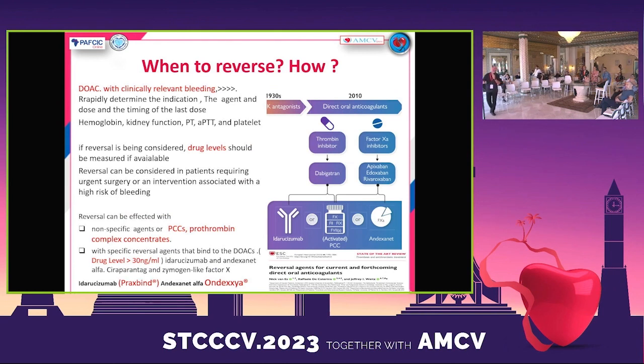If we have a surgery to do in minutes or in a few hours, we have to inhibit with prothrombin complex concentrates, and check the level of the anticoagulants. It's about 20 nanograms per milliliter. We have to use idarucizumab or andexanet, but all these drugs are not available in Tunisia, so we are always using PCCs.